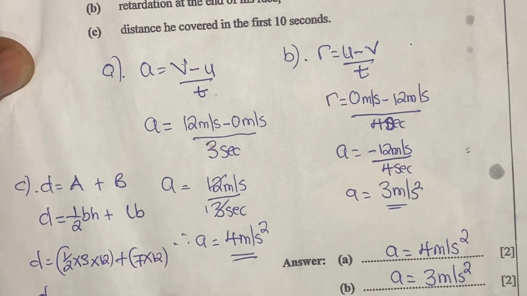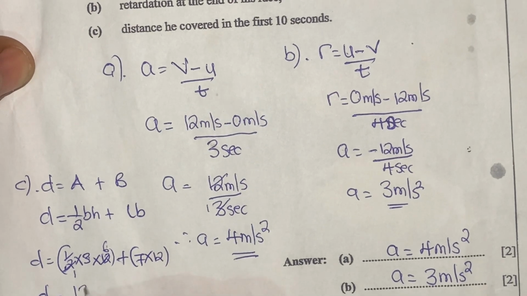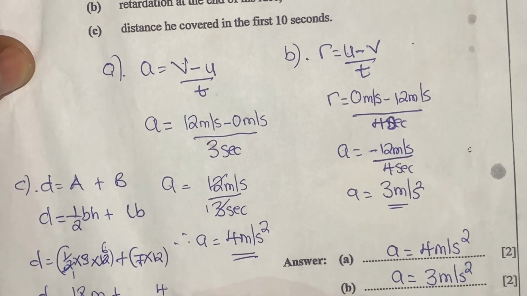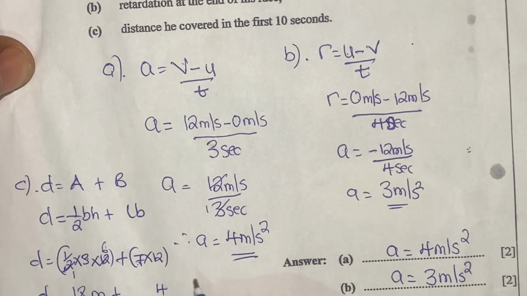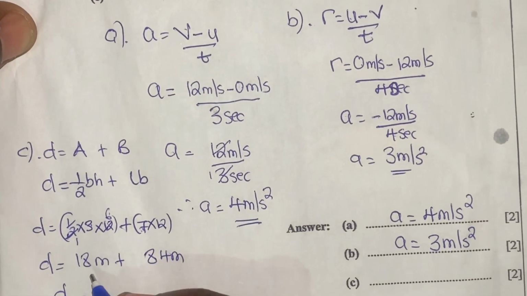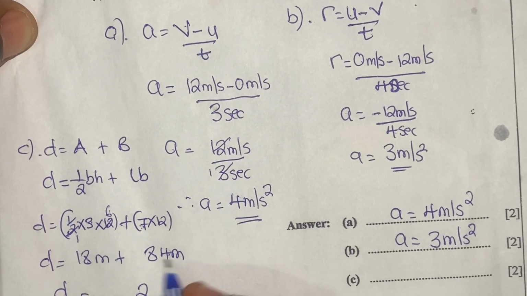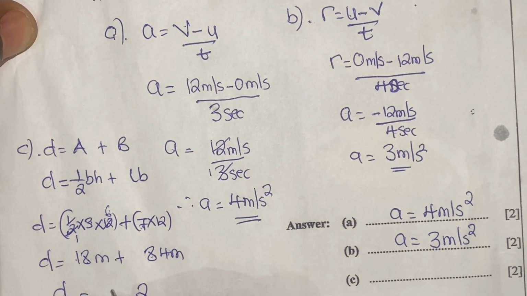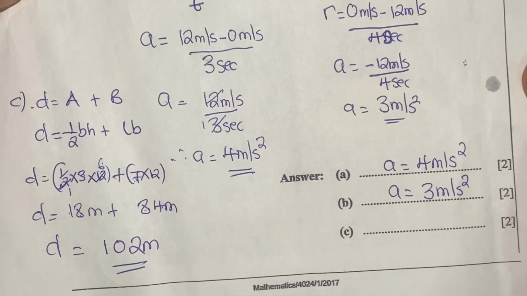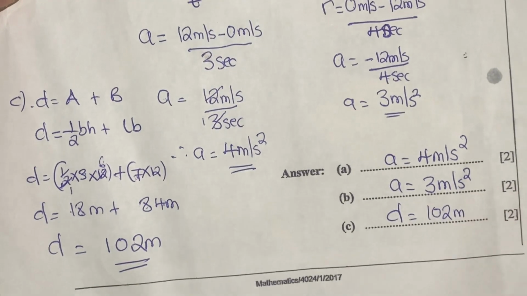So half of 12 is 6, and 6 times 3 is 18 meters, plus 7 times 12, that is 84. Then 18 plus 84 gives us 102 meters. So this is the distance covered in the first 10 seconds, 102 meters.